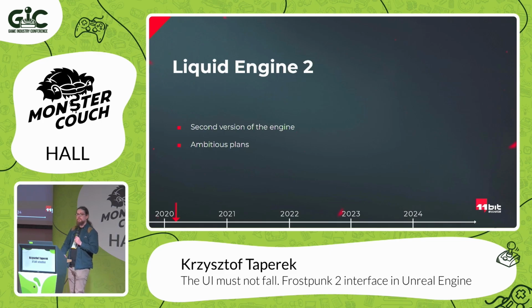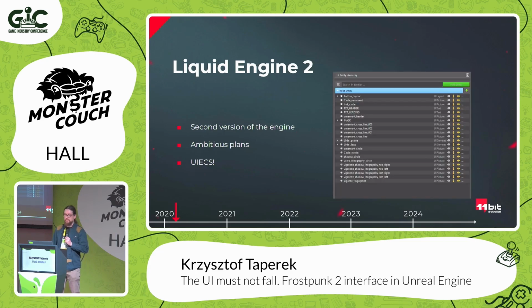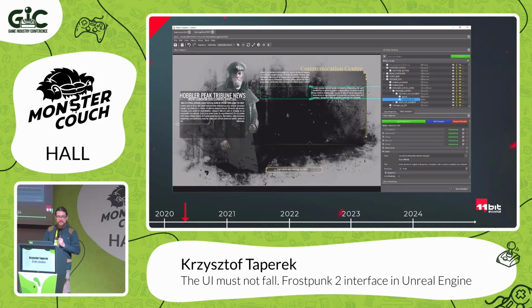We had a lot of custom tool sets, a lot of custom editors, node-based. We had our own visual scripting. But for me, the most important thing was UI ECS. For the first time, UI was based on ECS, so the same architecture as the rest of the game. And it was really beautiful. That was a cool idea. I really had to implement something like that.